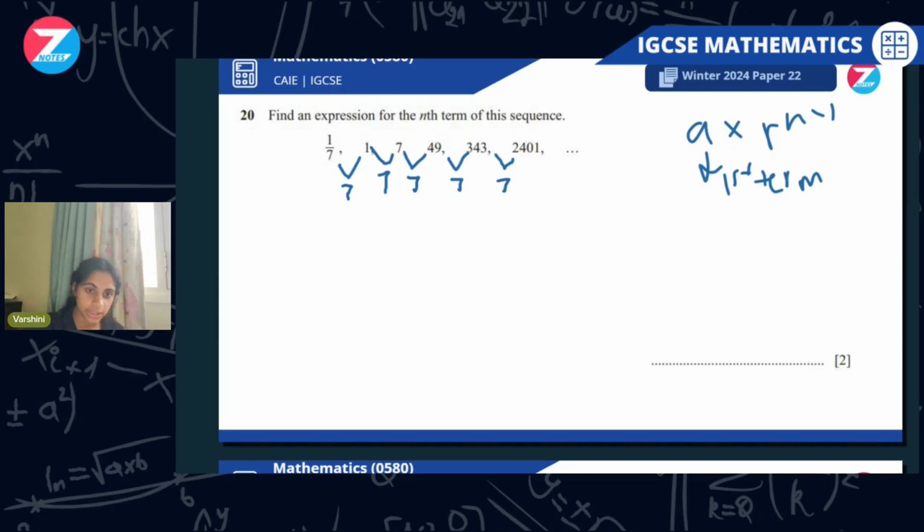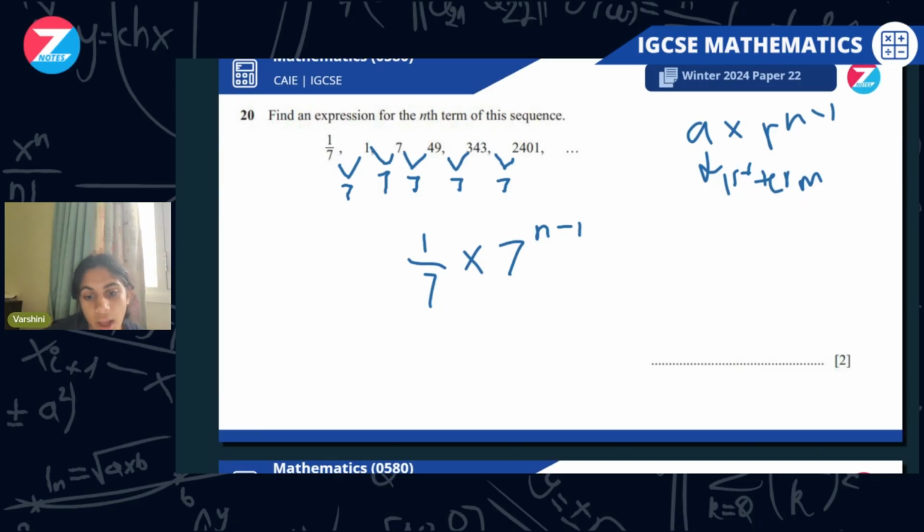Now we can confidently say that the ratio is 7. So the nth term is going to be a, which is 1 by 7, into 7 to the power n minus 1.